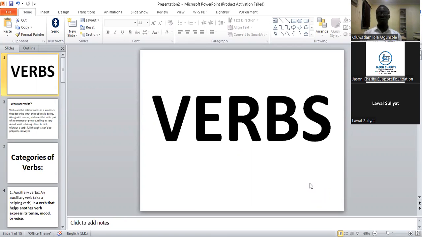Some schools of thought believe that the verb is the powerhouse of every expression or sentence that you give. If you remember in the past classes that we had, I said that it is impossible for you to make a complete sentence if your verb is not there. I'm not saying that you cannot write words.